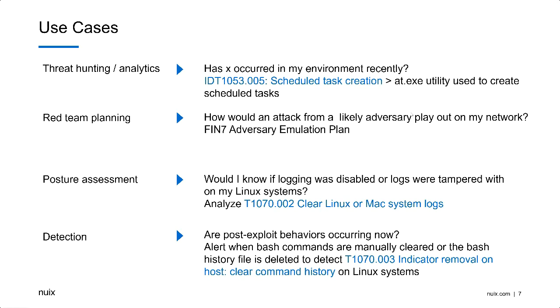Red team planning is about constructing as realistic a scenario as possible in advance of a red team exercise and saying, okay, who would be likely to target my organization? And if they were to do so, what are the tactics that that group would actually use? And how would they traverse that kill chain? How would they establish persistence? How would they gain initial access? How might they attempt to move laterally?